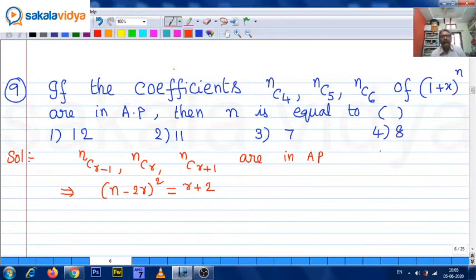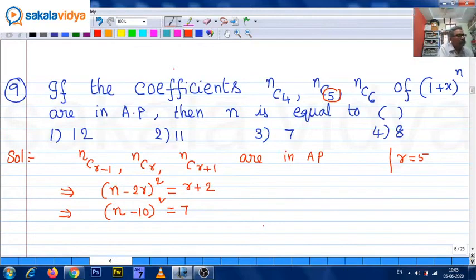Here see, n value is n only, r value you need to take is equal to 5. Substitute here. So we get (n minus 10) whole square equal to, one minute, I will check it. Sorry, I wrote wrong. Wait.